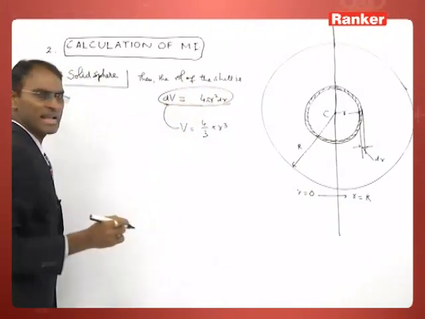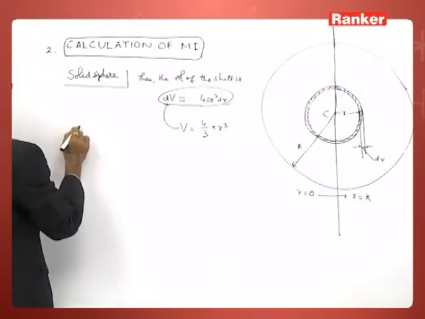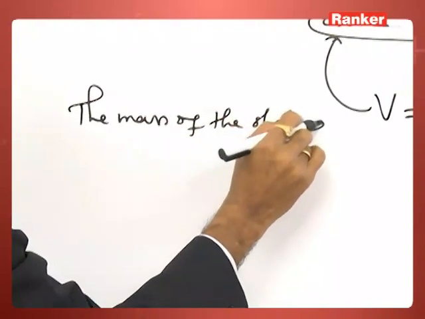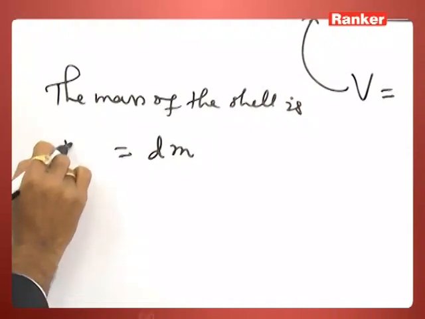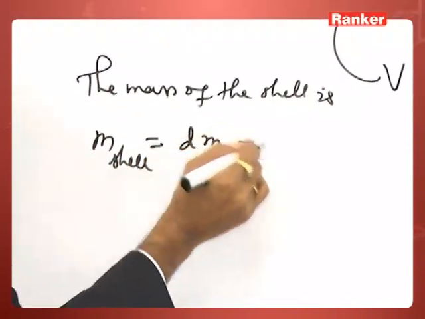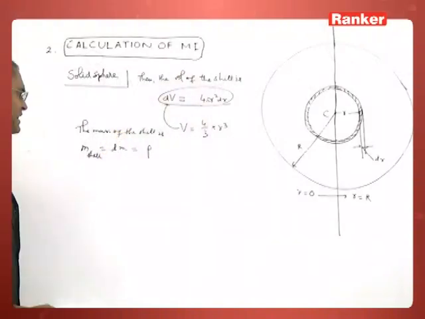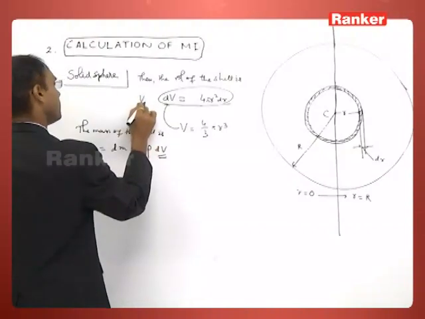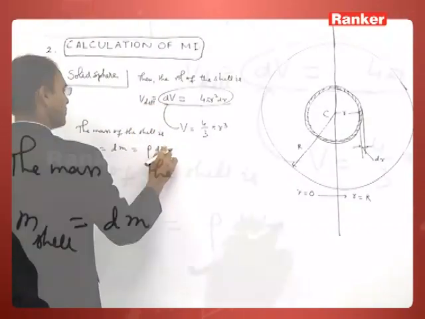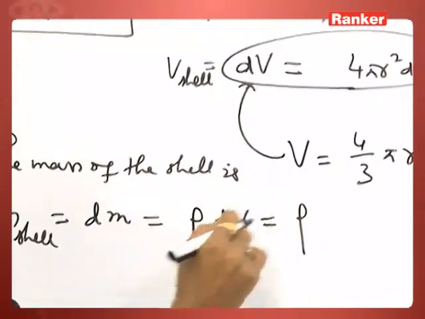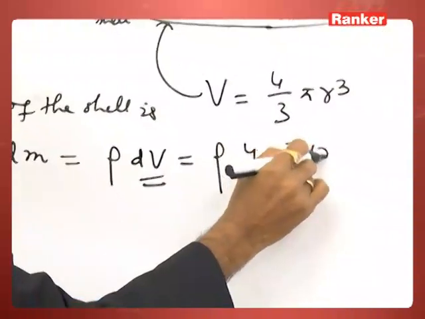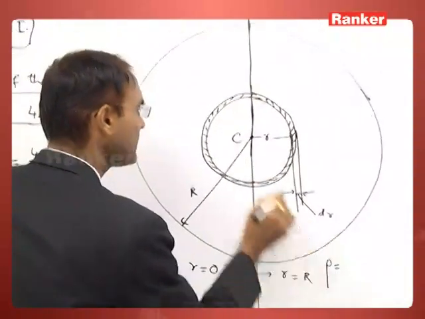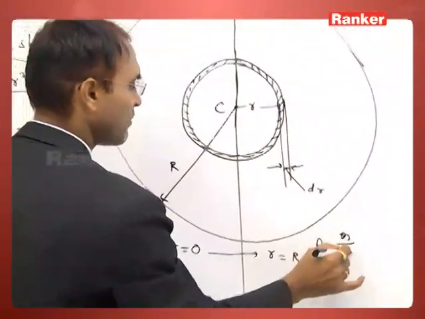Once you calculate the volume of the spherical shell, the mass of the shell is given as dm or m shell is equal to the volume mass density into the volume of the shell. dV is equal to 4 pi r square dr. So, the volume mass density, since it is uniform, can be written as total mass by total volume.